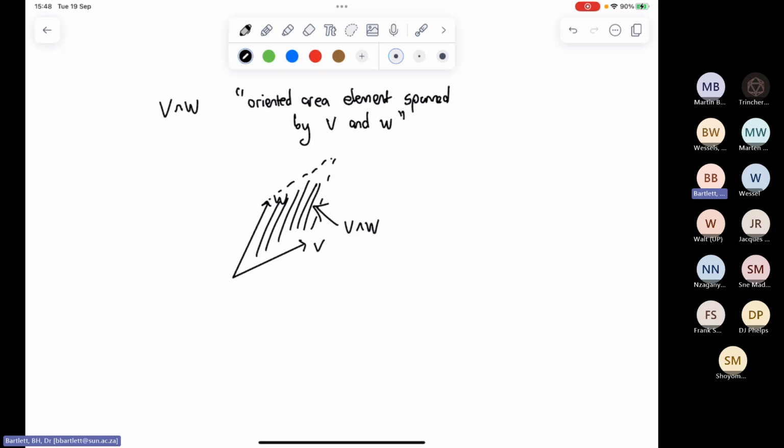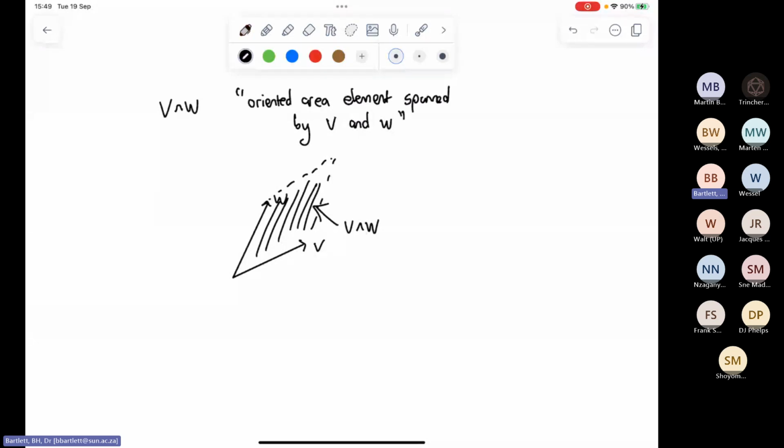There is one subtlety here: when I speak about an area of something, that's a number. So to actually calculate the area, I would have to then have a function on the set of area elements. The area elements themselves are these geometrical things. But the area of an area element would be a function on the set of area elements. So the area would be an element of the dual vector space.